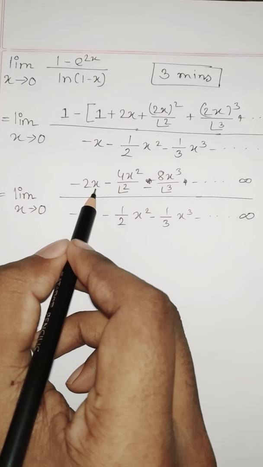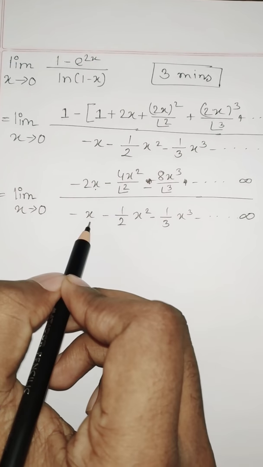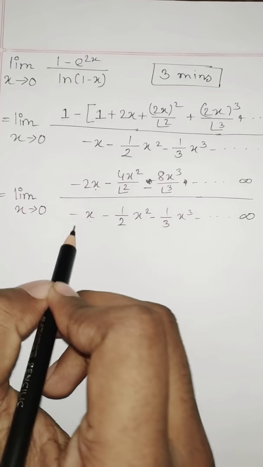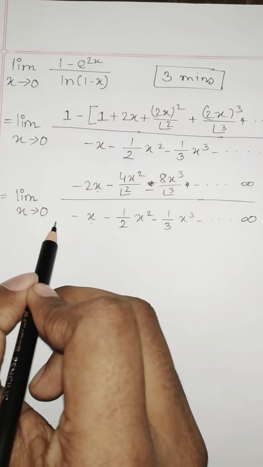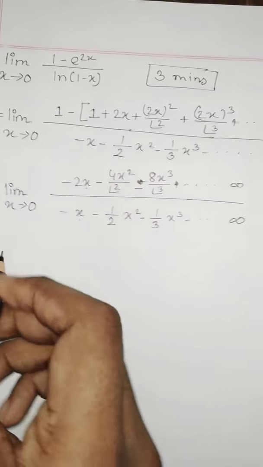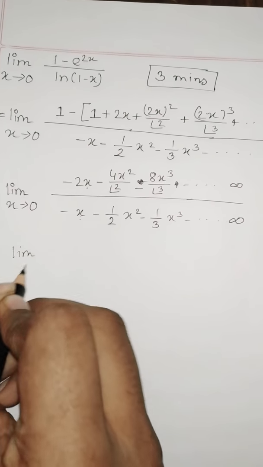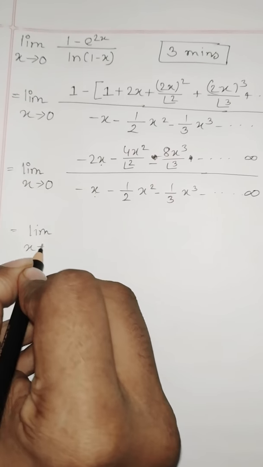In the upper part, if we take x common, and in the lower part we also take the first term x common, then what will we have? Limit of x tends to 0.